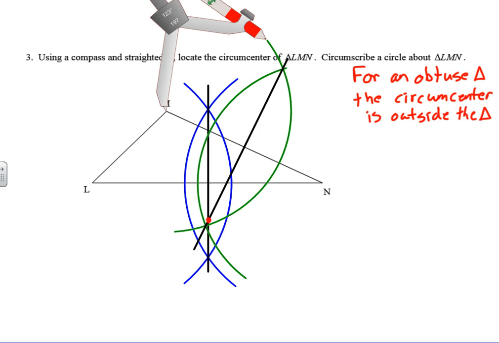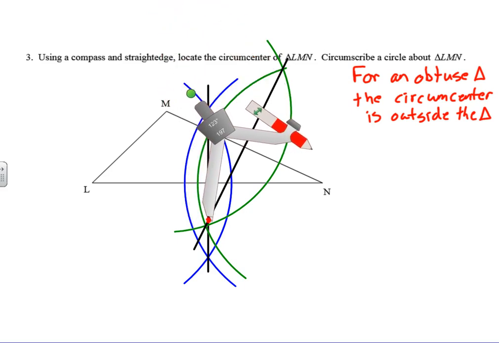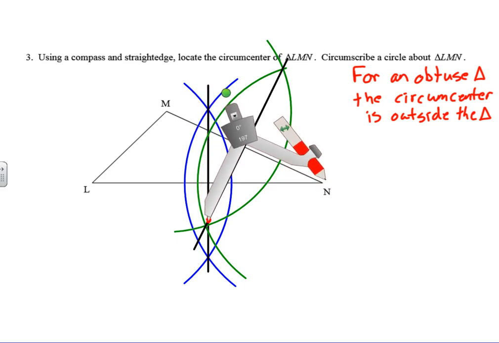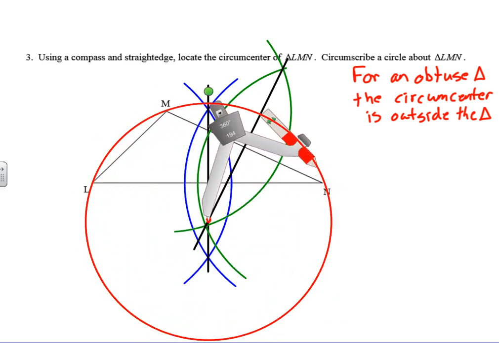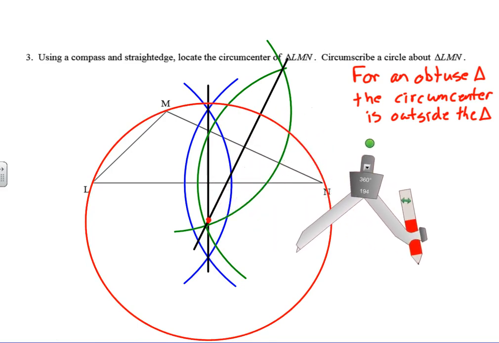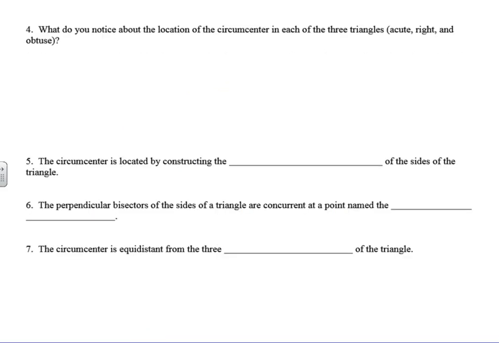Okay, and now we take that point there. It's still the same point. We go from that intersection point and stretch our compass out here, and there's our circumscribed circle. So it could be inside if it's acute, it could be on it if it's a right triangle, and the circumcenter could be outside if it's an obtuse triangle.